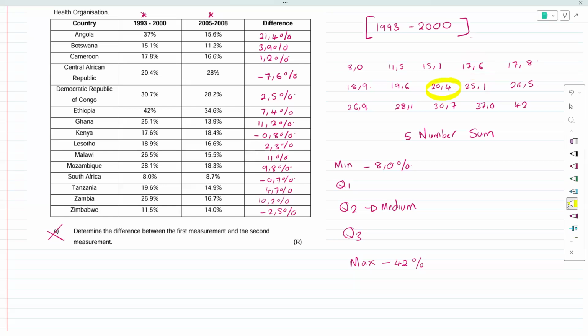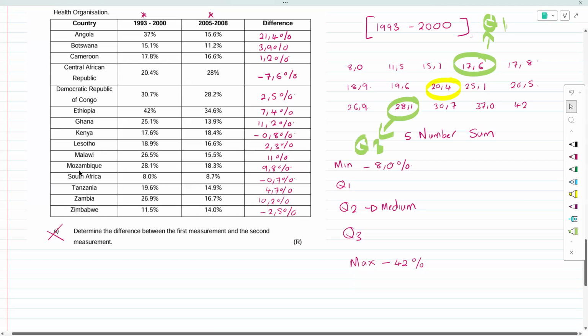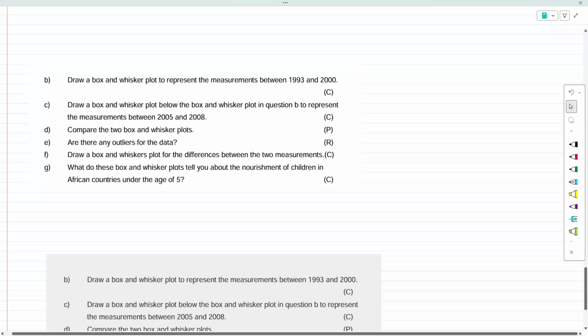Basically, we find the middle term. That's quartile 2. And then we find the middle of the lower half. That would be quartile 1. I'm going to show you a simple way to deal with it, a very easy way. And quartile 3 is 28.1.